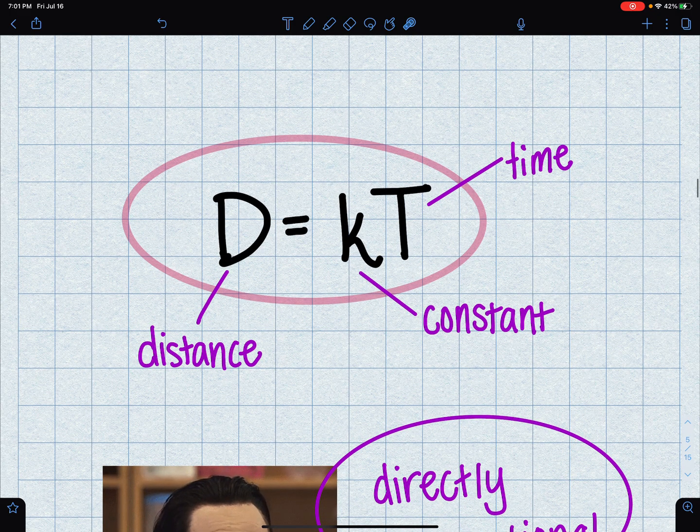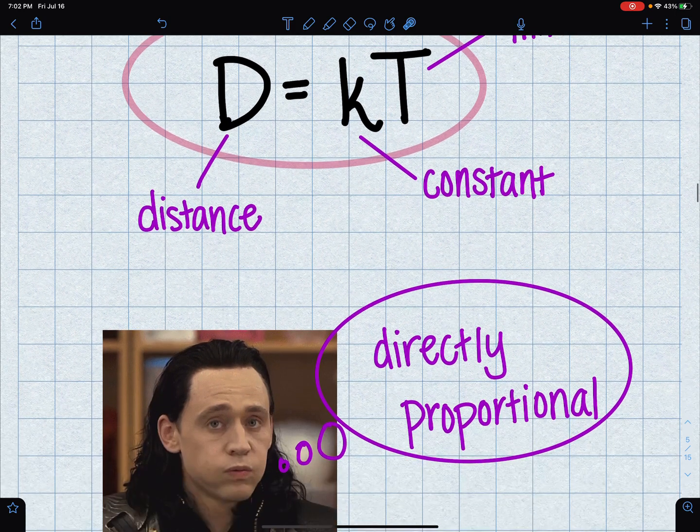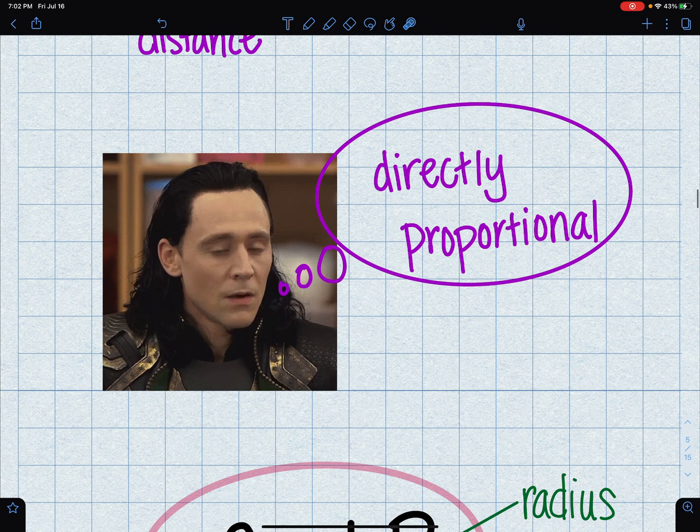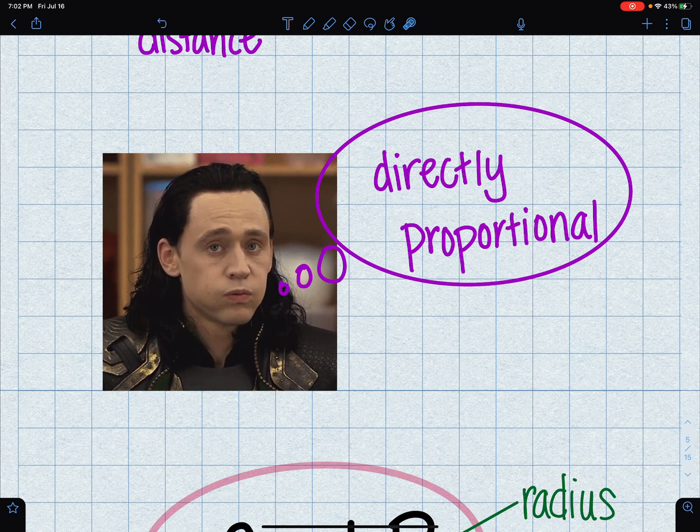Here's another one where it varies directly. The distance traveled varies directly as the time. So distance equals a constant times time. Okay? So you're going to have to look for these key words whenever they say it. Then you know that it's the rule of thumbs. If one thumb goes up, the other one goes up. Okay?